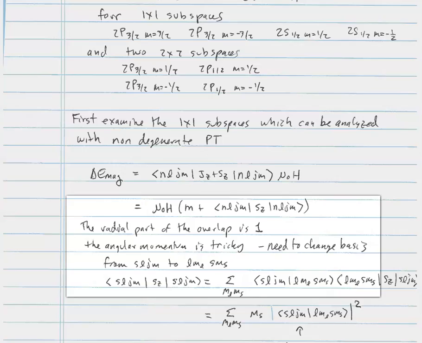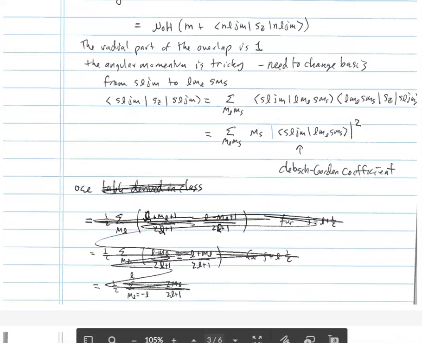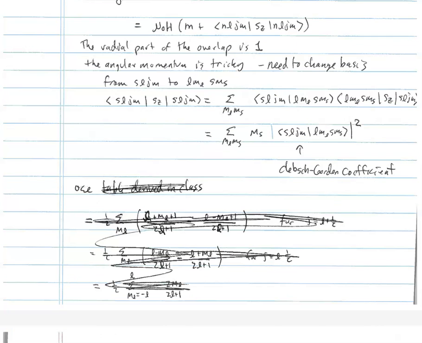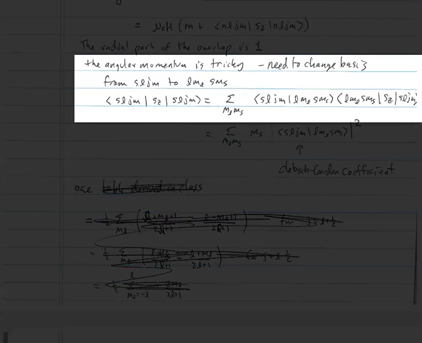The way we do that is by working with a basis where SZ is an eigenstate, the basis that involves L squared, S squared, LZ, SZ. In order to convert the LJM state into the L, LZ, SZ basis, I need to use the Clebsch-Gordan coefficients.